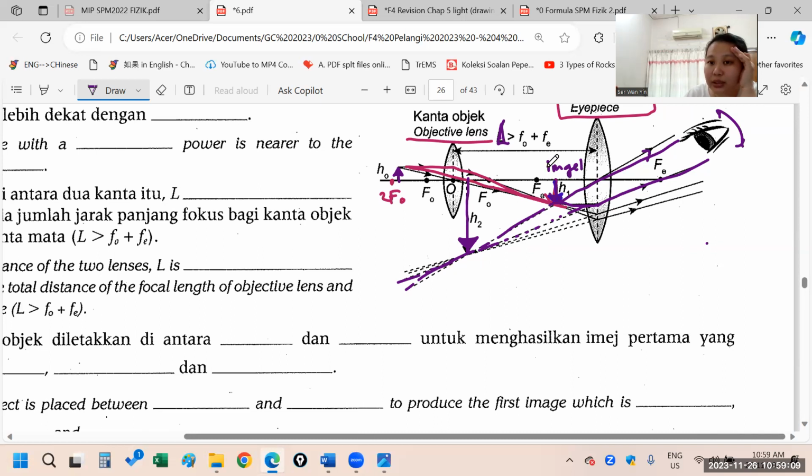When we use the eyepiece, this image 1 will become the object for the eyepiece. Then we will get another image, H2. So MO is H1 over HO. ME is equal to H2 over H1.